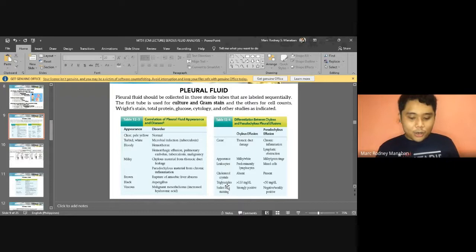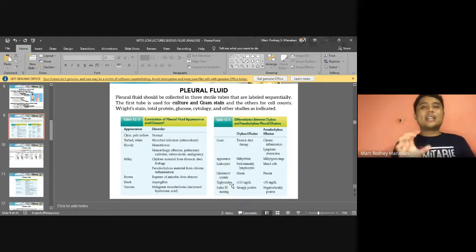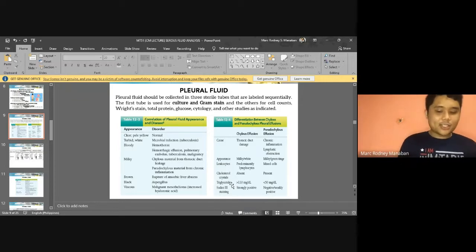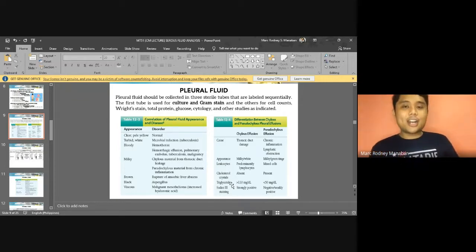So what do we look at? We look at the triglycerides. Take note, triglycerides are the content we look at. All right. As you can see, chylous has higher triglycerides compared to pseudochylous. Remember that your lymph contains a lot of fats from food. It has lipids, so there is more in chylous because chylous effusion really contains lymph fluid from the thoracic duct leakage.